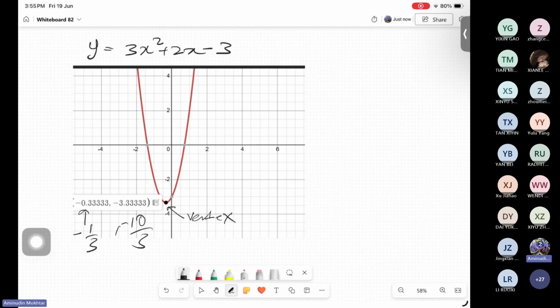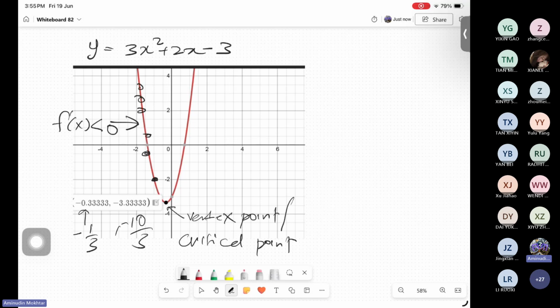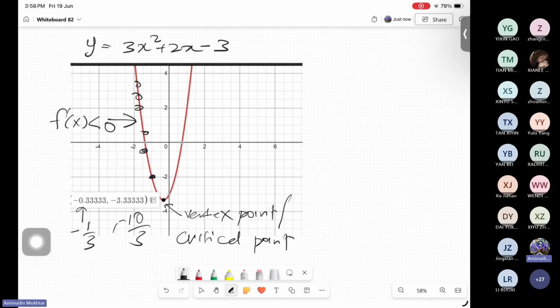Before this vertex point or critical point, the slope of the tangent line is negative. If you choose any point before the critical point, you can prove that the slope is negative because the function is decreasing.